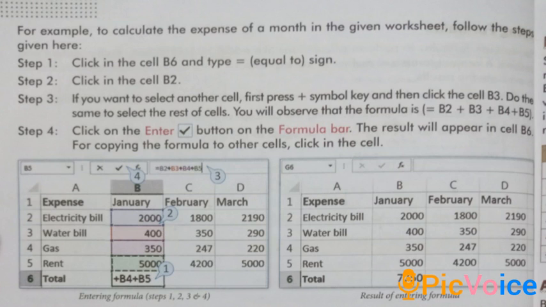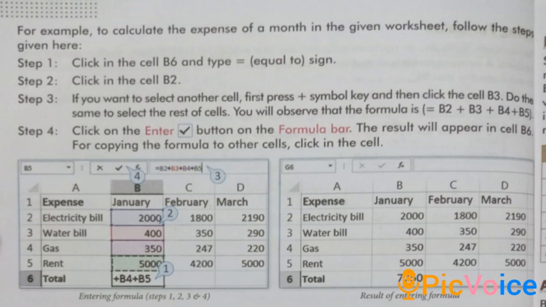In a similar way, when we want to calculate the monthly expenses, we have to follow four steps. Step 1 is to click in the cell where we want to display the result or total expense. Then step 2 is to click in the cell from where we want to calculate.